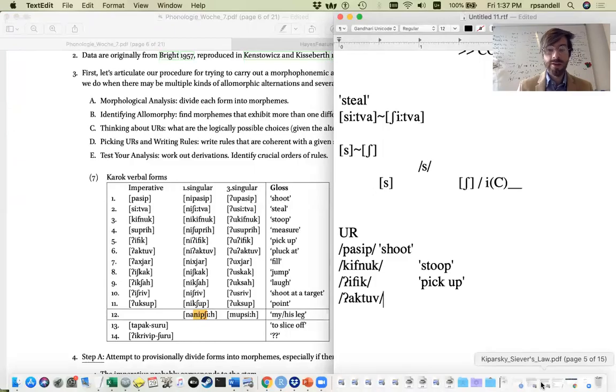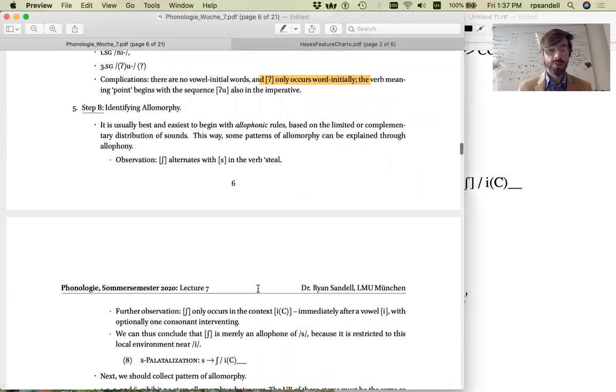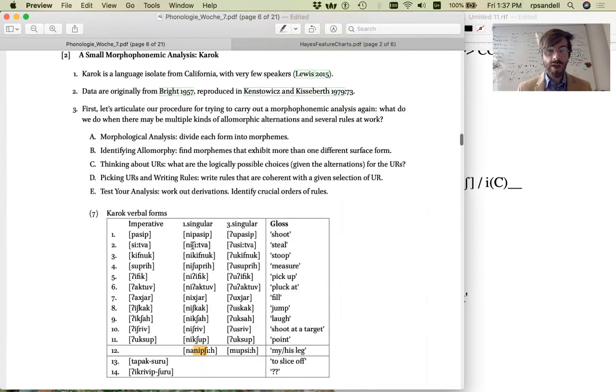The stem doesn't have any other forms, so that must be the underlying representation. No problem. Now, in rows 2 and 4, we don't see any alternations except those which happen because of the sa-sh alternations. And there we only find the sh in the first singular form conditioned by the addition of the prefix ni.